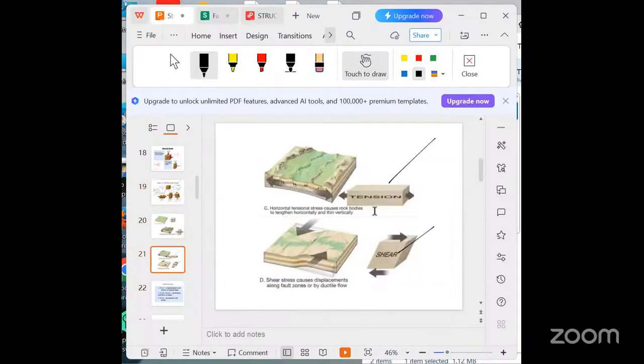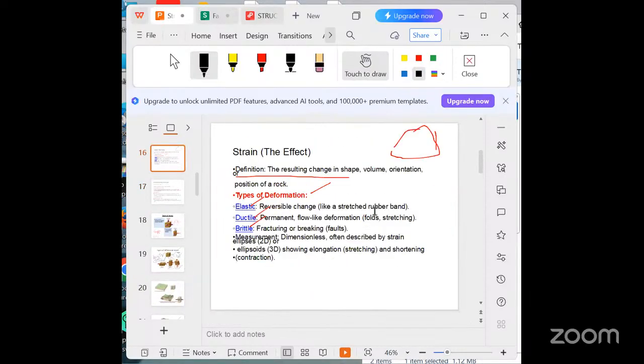This is stress, and also strain. Strain is the deformation caused by the stress. Strain may be dilation, which is a change in volume, or distortion, which is a change in form, or both.